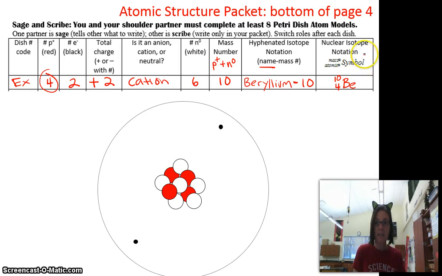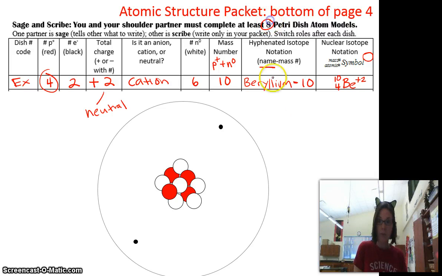What it doesn't say here is that if there was any kind of a charge from this column over here, we would put it as a superscript on the right. Because this one has a +2 charge, I'm going to write +2 right here. But a lot of the ones you're going to do are going to be neutral. They're going to have no charge. So in that case, you just wouldn't put something in that location.